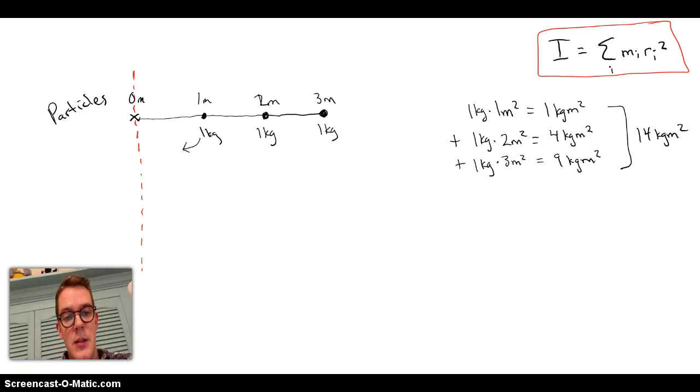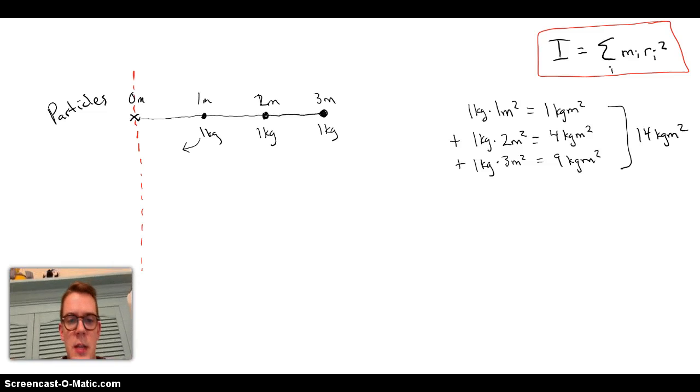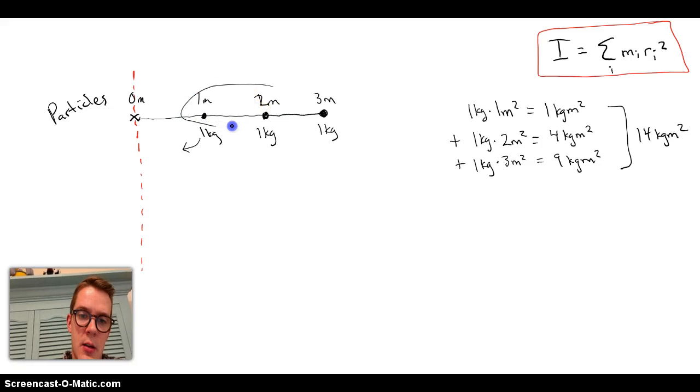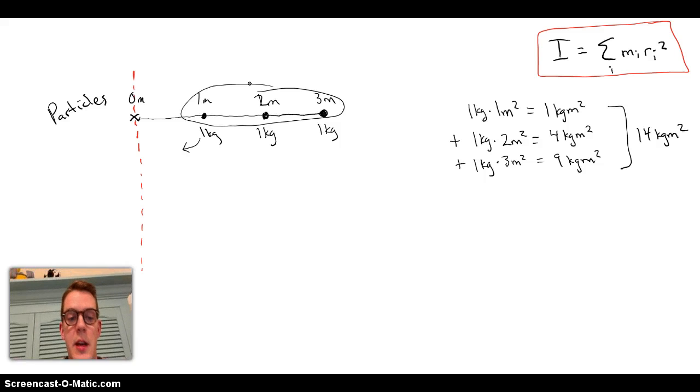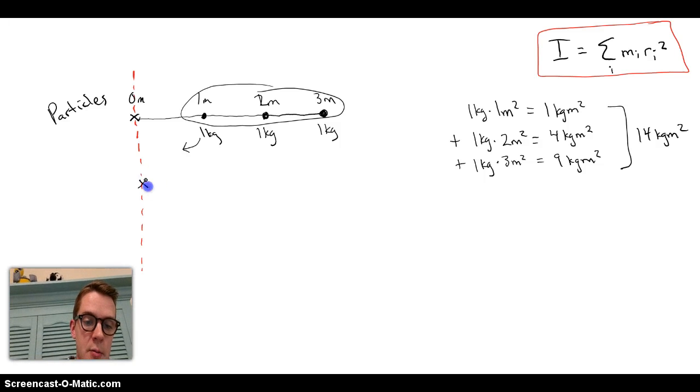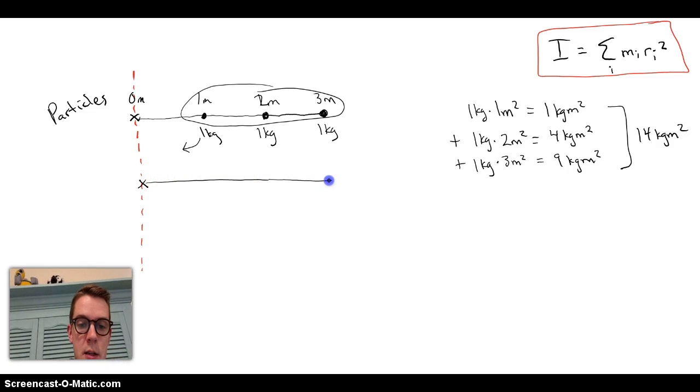So I was looking at this and I thought, well, couldn't I just take these 3 particles and find their center of mass and treat the 3 particles like one? We've done that before in this class, where we find the center of mass and pretend like all the mass is there. So if you did the center of mass work, you should find that the center of mass of these 3 particles is actually right here in the middle.